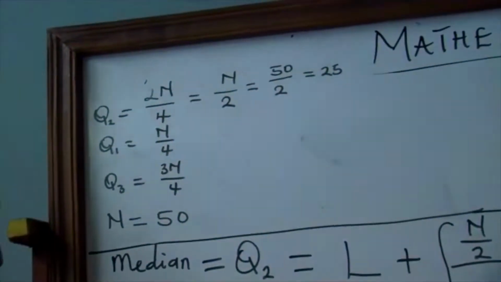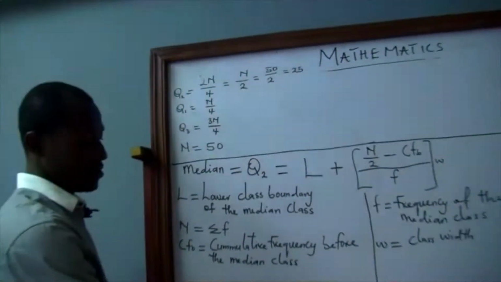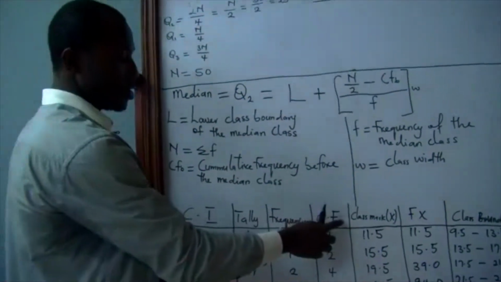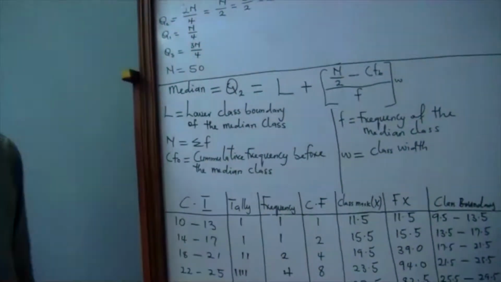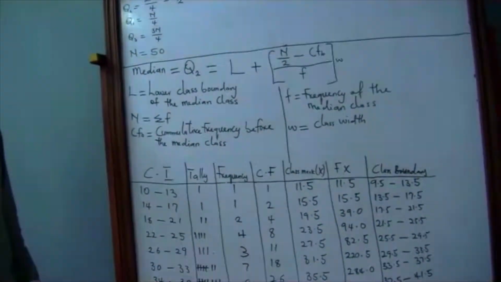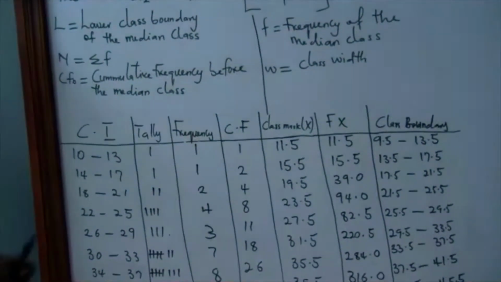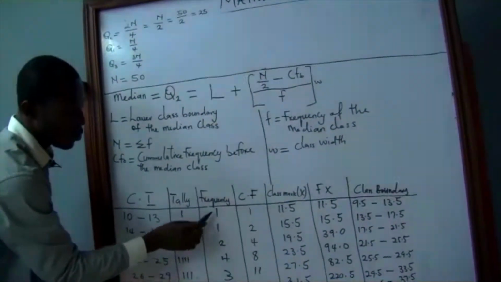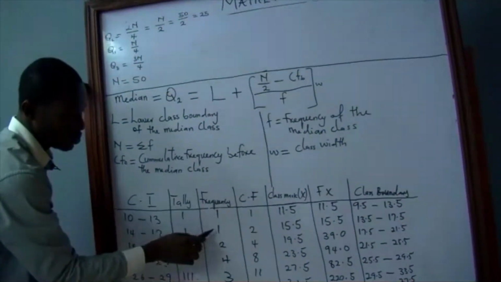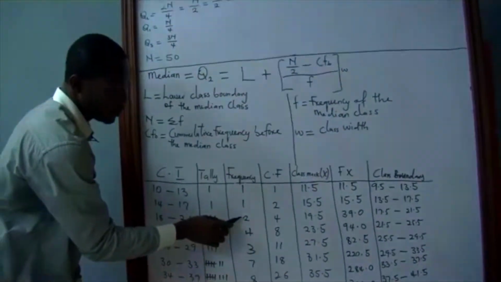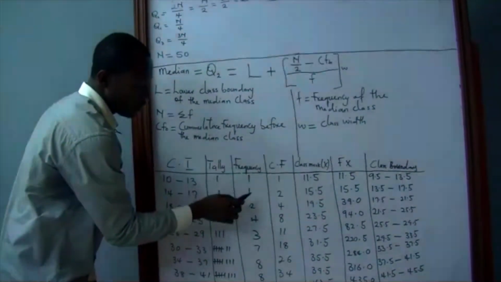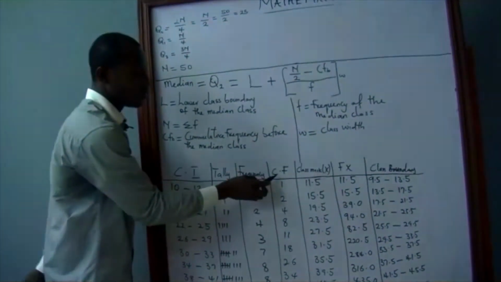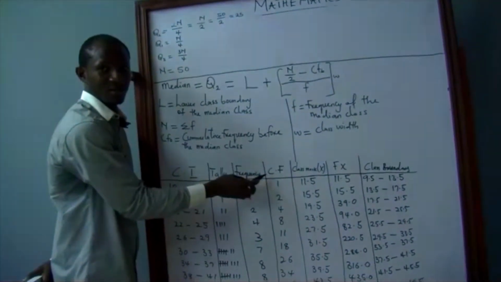Now I come to the frequency. We can use the frequency, we can also use the cumulative frequency, either of the two. If I start counting from here, 1 plus 1, 2, 2 plus 2, 4, 4 plus 4, 8, and that is what cumulative frequency already represents.